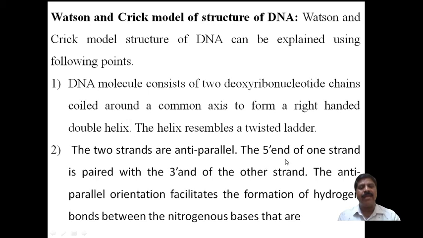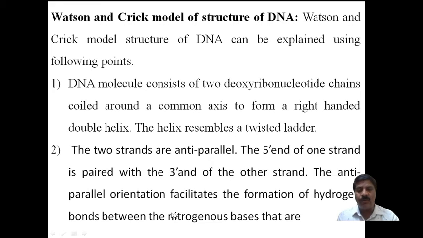Therefore the 5 prime end of one strand is paired with the 3 prime end of the other. One strand begins with 5 prime and ends with 3 prime, and in the other, in anti-parallel manner, it starts with 3 prime and ends with 5 prime, and therefore it is called anti-parallel.